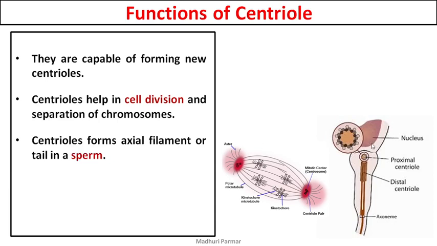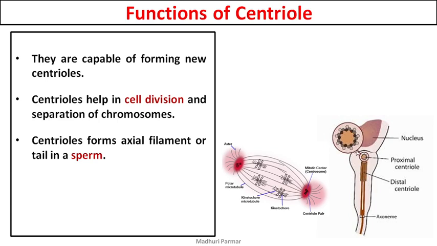So this here is a close-up view of a sperm, where this is the head, where there will be the nucleus. Then there is a neck region. In this neck region there are these centrioles. Two centrioles, one is present facing us and one is present perpendicular to it.